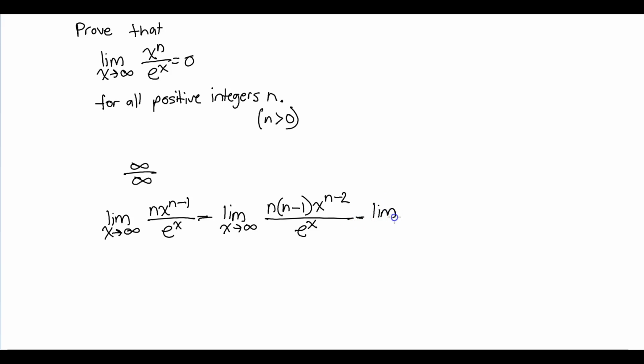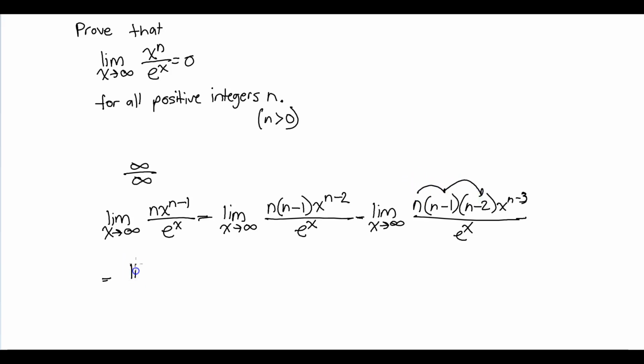And you can do the limit. So we use L'Hopital's rule yet again. And we get n times n minus 1 times n minus 2 times x to the n minus 3 over e to the x. And that again gets infinity over infinity. And you keep on going until you take the nth derivative. You apply L'Hopital's rule for the nth time. And you can start to see a little pattern here.